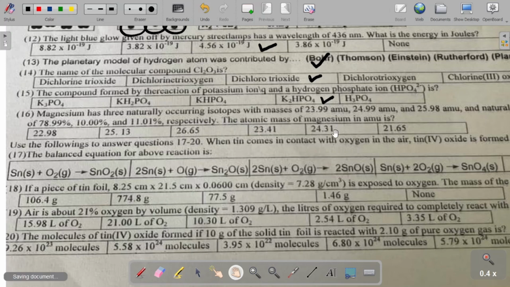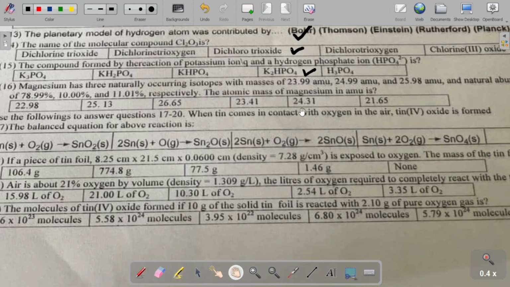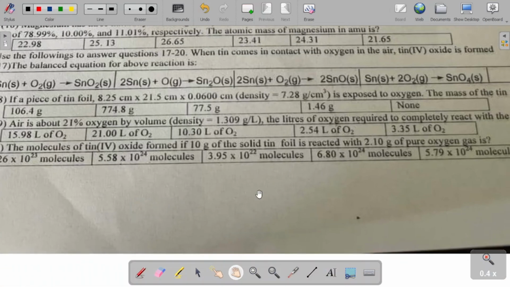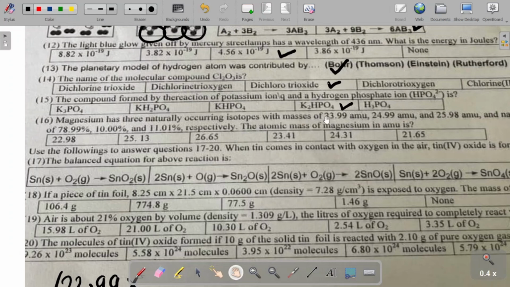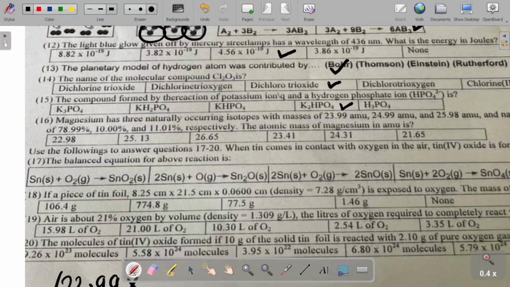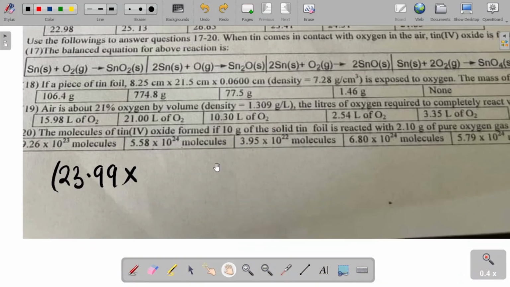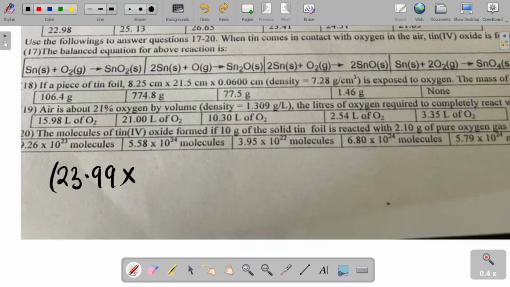The atomic mass of magnesium in AMU is, well, that's simple. For each of them, the first thing you have there is 23.99 AMU. It becomes 23.99 times the percentage abundance. For 23.99, the first value would be 78.99%. That becomes 78.99% divided by 100.